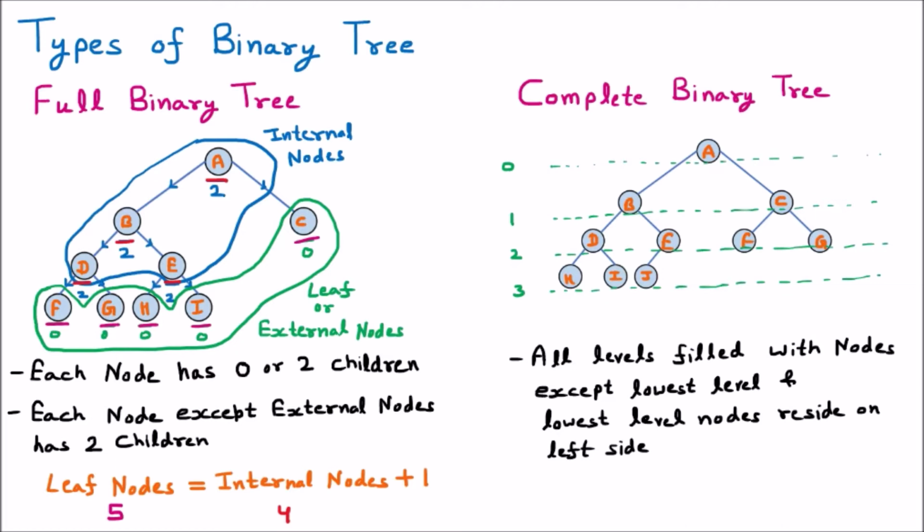On level number 0 the nodes are complete, level number 1 nodes are complete, level number 2 nodes are complete. If on level number 3 we are having such a diagram where every node is having its children, then this level is going to be complete as well. Now this is also a complete binary tree.